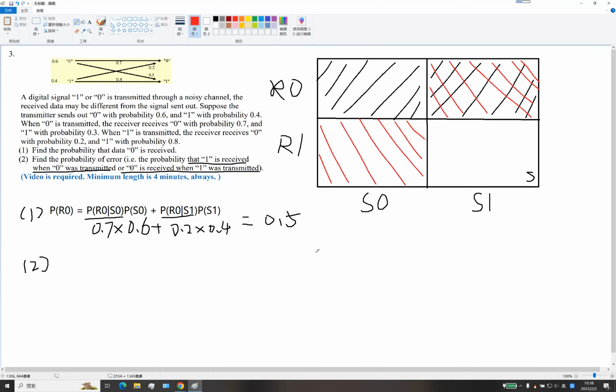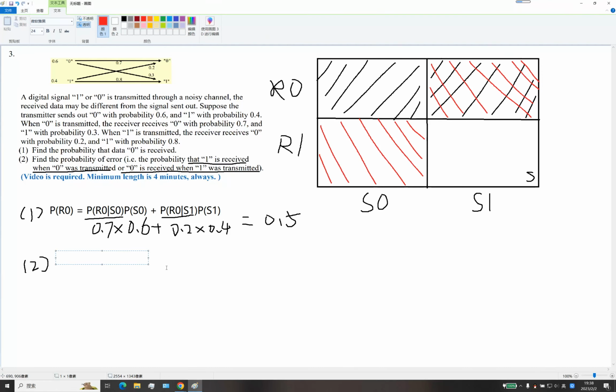These two areas are the events of an error, so we can write the equation like this. The first one is 1 received when 0 is transmitted, which should be multiplied by the probability of send 0.